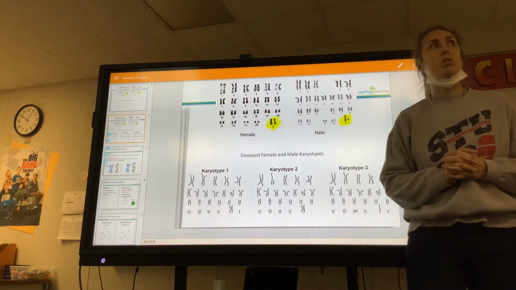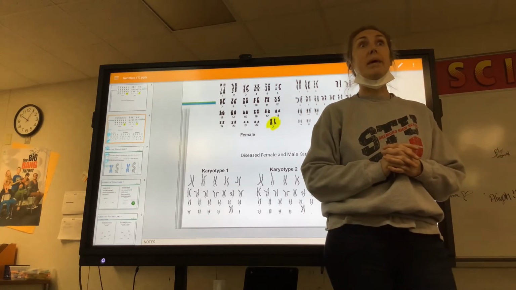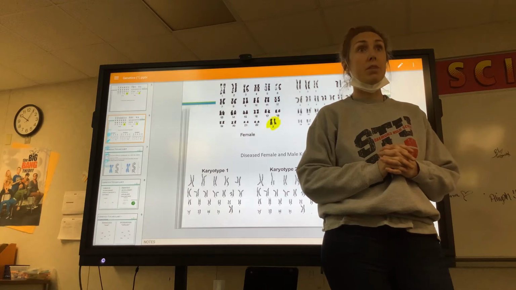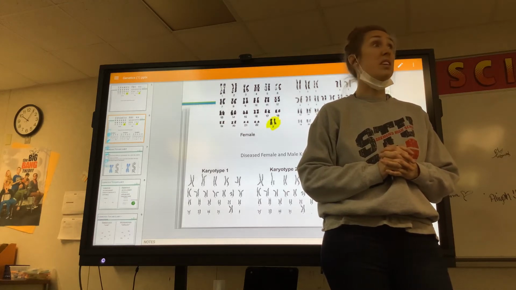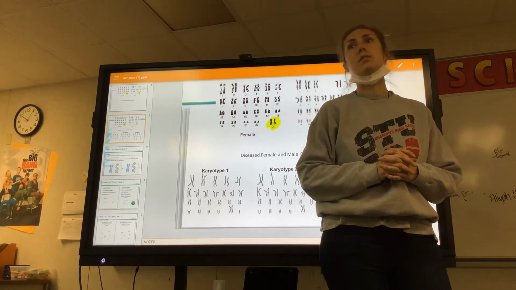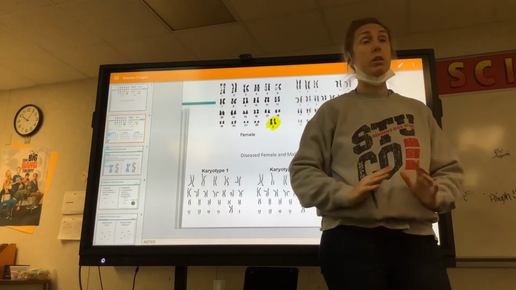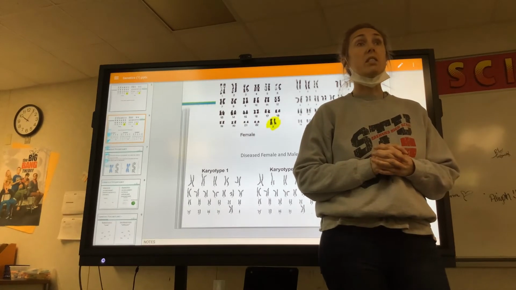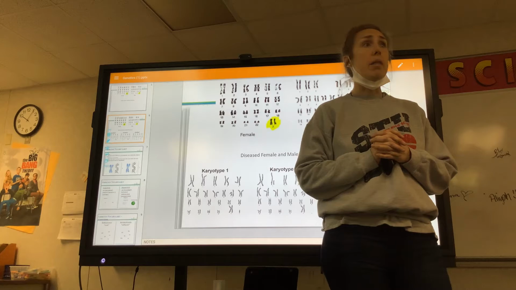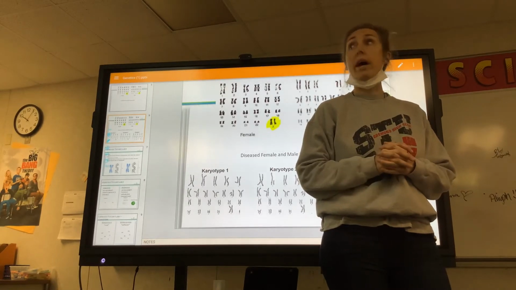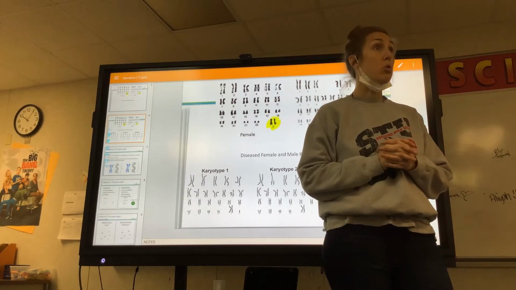If the body saw that there was a really big genetic mutation and that baby was going to be so sick and may not even survive, the body says, you know what, let's terminate it, let's abort it naturally. That's what natural miscarriages are, because the body knows that baby would not be right with missing or extra chromosomes.